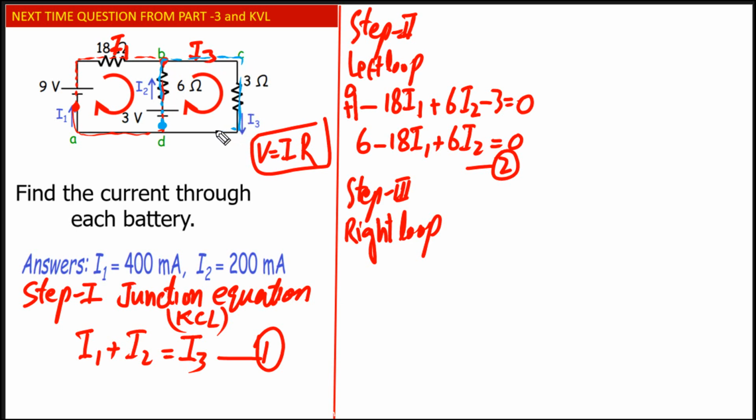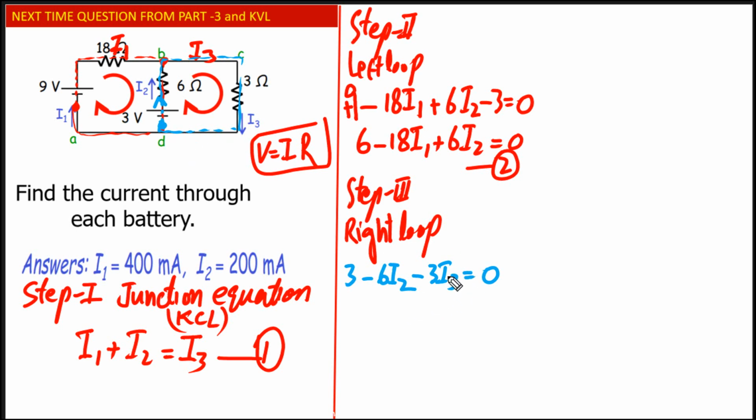So this is our right side loop. Now when we go from negative terminal to positive, we will gain voltage. So it means 3 volts. And when we go in the direction of current, we will lose voltage. It means this is 6I2. Now again we go in the direction of current. So we have minus 3I3 is equal to 0 because there is no resistor and battery here.